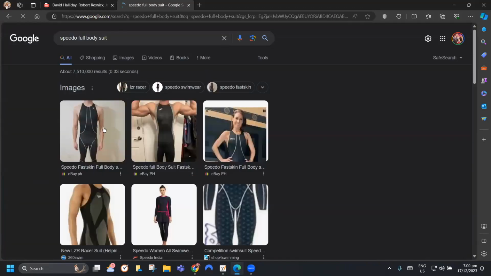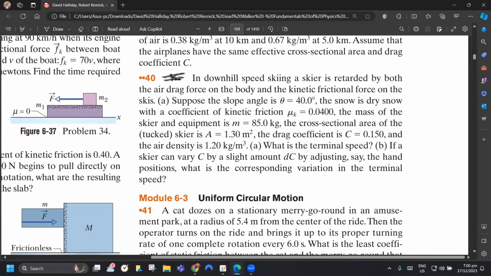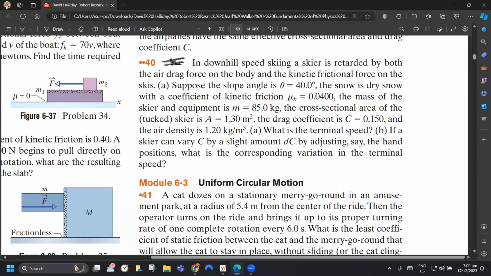Anyway, share ko lang yung setup ng free body diagram.